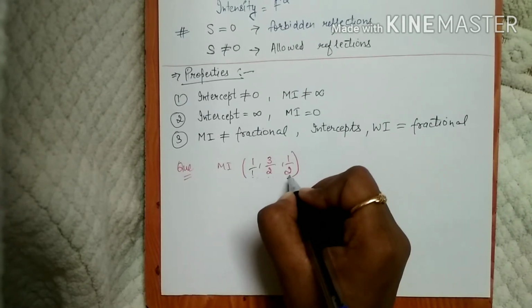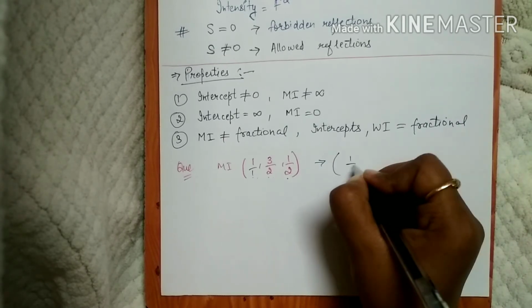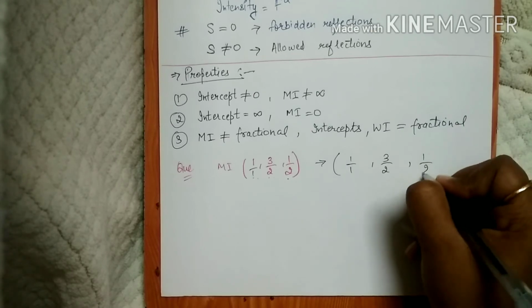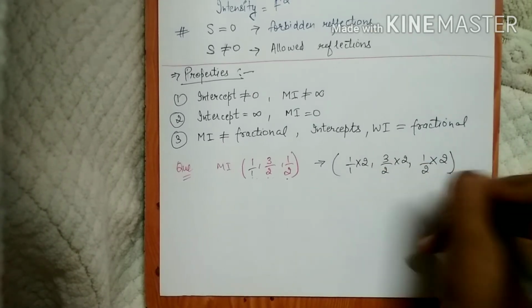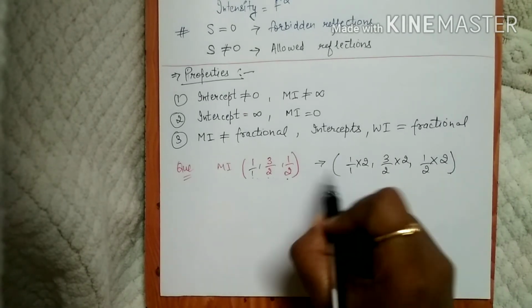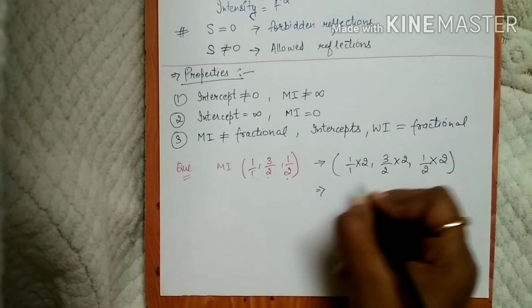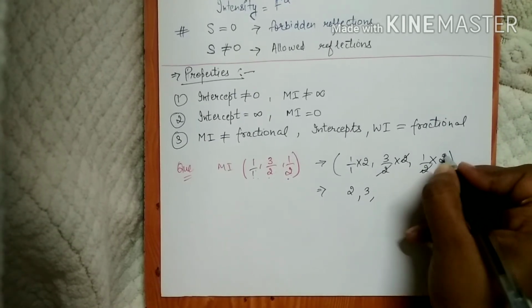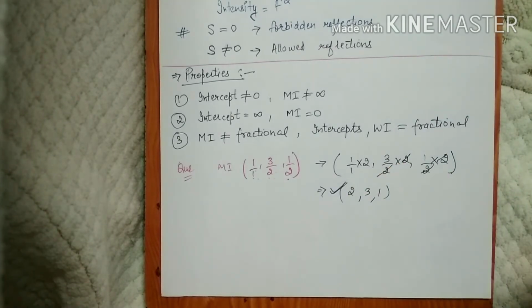The LCM comes out to be 2. Now multiply each of the terms with 2. Okay, take the LCM and multiply each of these terms with that LCM. So what we are going to get? So now these are your Miller indices.